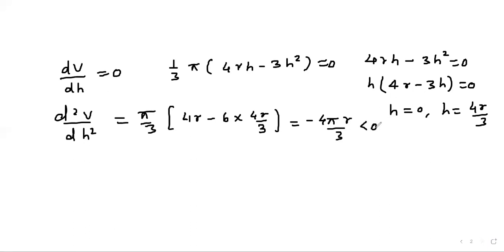Hence the function is maximum. Now at this value of h, let's find the volume of the cone, and then we will compare it with the volume of the sphere.